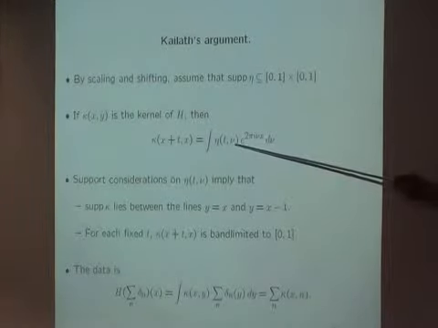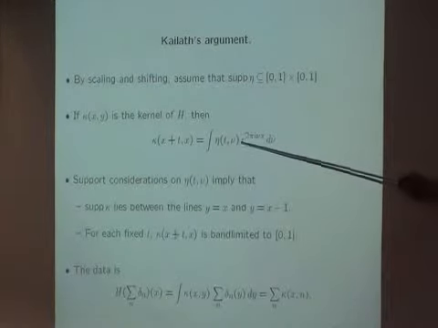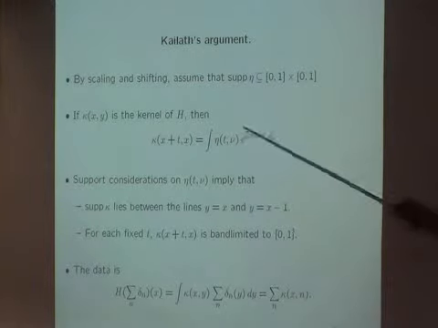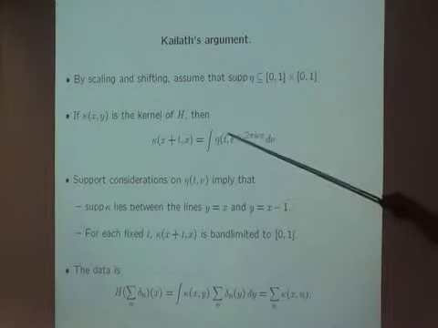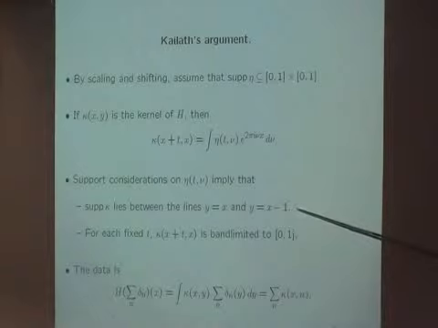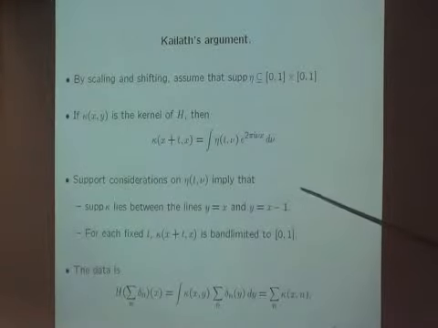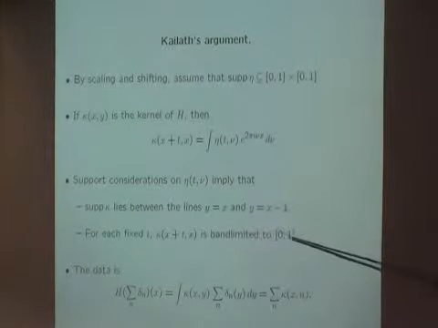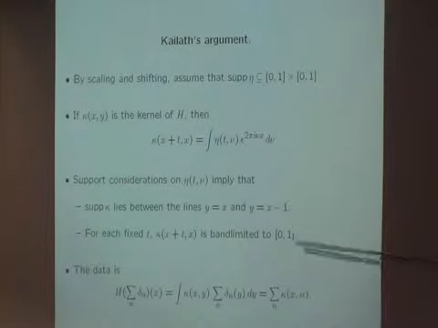It's essentially the inverse transform of the spreading function with respect to the second variable. If we think about what we know about the support of eta, what we can conclude about the kernel is that it's supported on a strip, slanted at a diagonal, and also that for each t, this function is band limited to [0, 1].